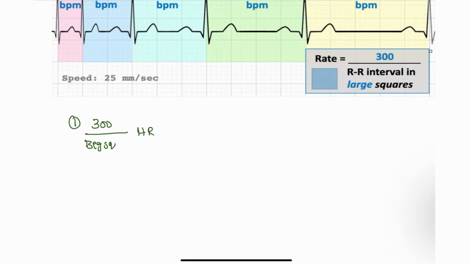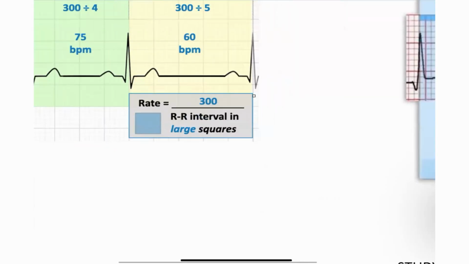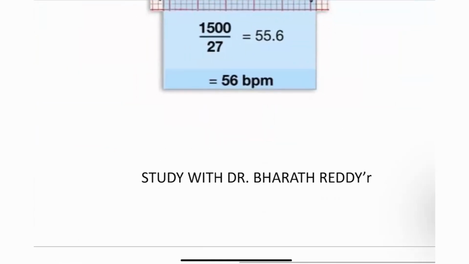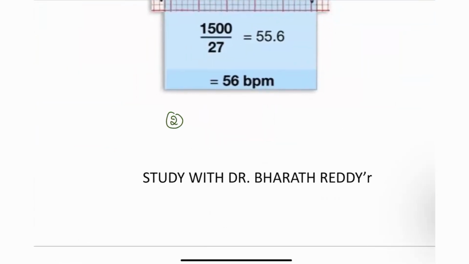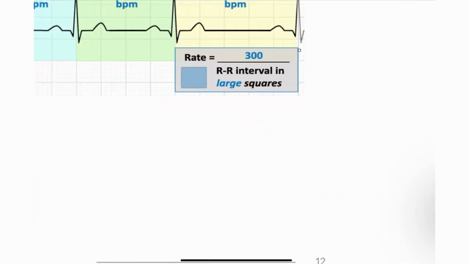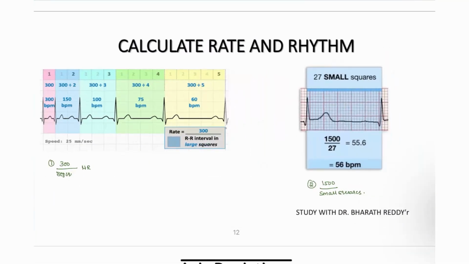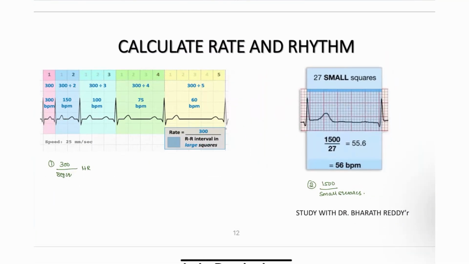Next, the second formula: 1500 divided by the number of small squares. What if the RR interval is regular? Then only can we use 300 over big squares or 1500 over small squares. What if there is an abnormal rhythm?